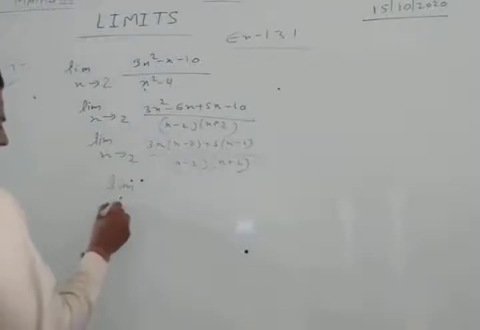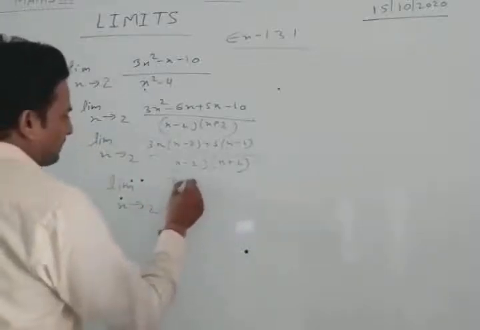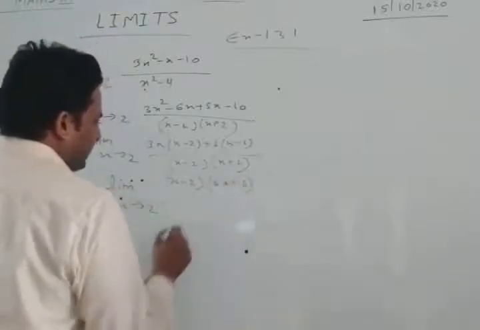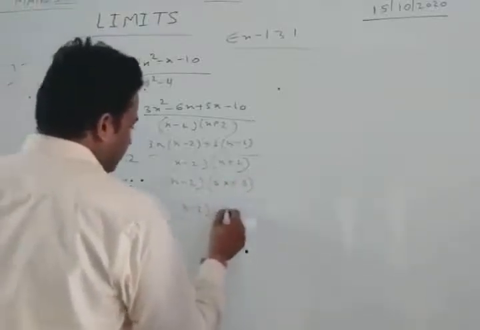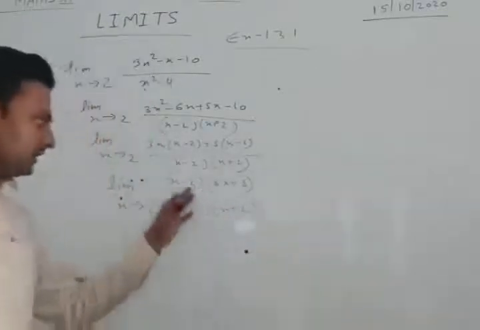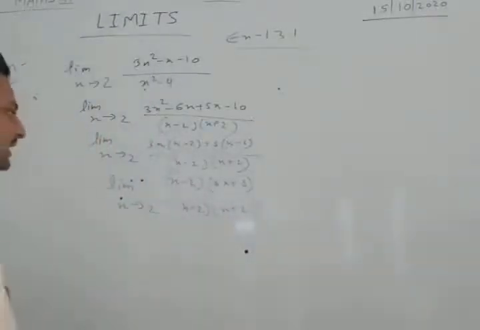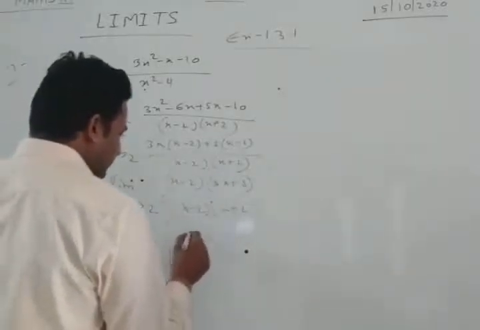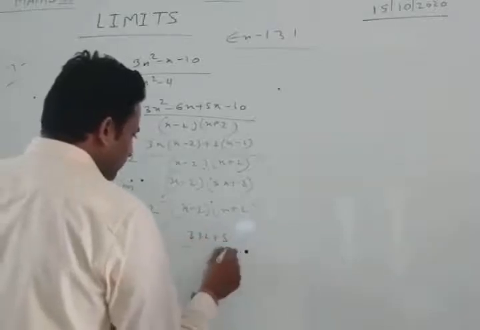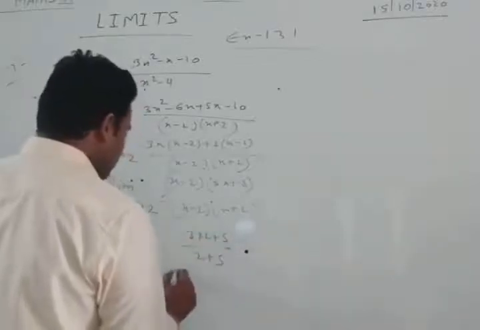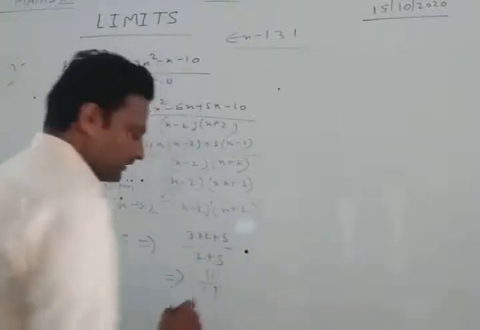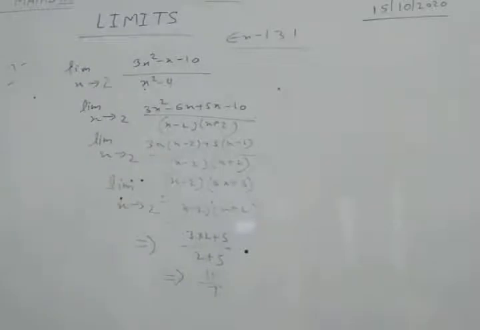Now in the first bracket x minus 2, in the other bracket 3x plus 5. Now here we are seeing that x minus 2 cancels. Now we will put the value of the limit: 3 into 2 is 6, 6 plus 5 is 11, by 4. This will be our answer.